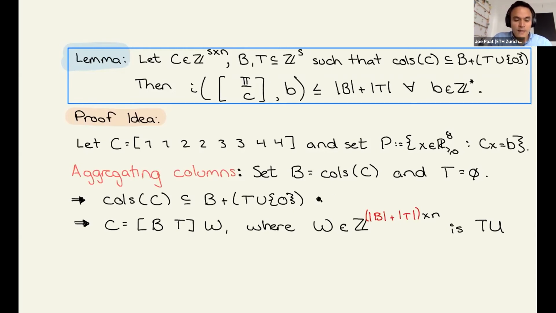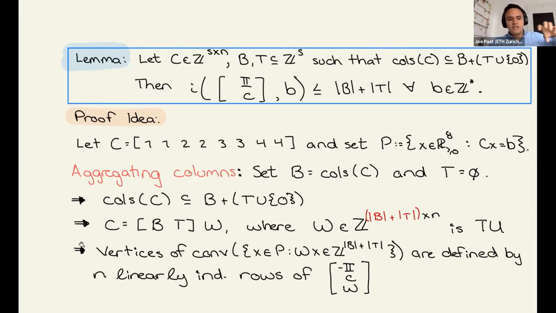Okay. So why is this important? Well, I'm interested in the vertices of this mixed integer hull. We know that vertices of this mixed integer hull are defined by n linearly independent constraints, because we're in dimension n. And the constraint matrix looks like this. The I and the C come from our original polyhedron, and the W comes from these mixed integer fibers that we have.